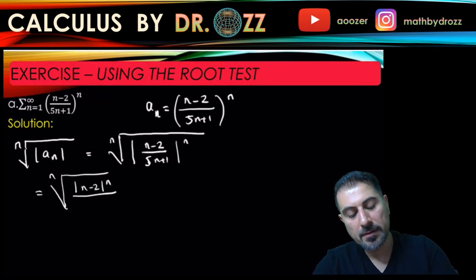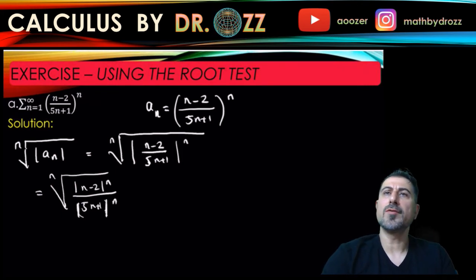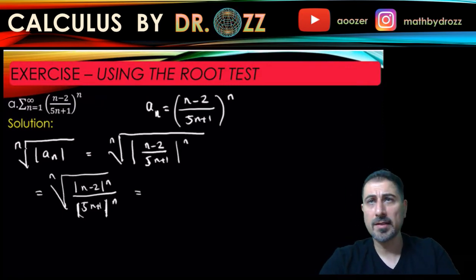And that is equal to the absolute value of n minus 2, raised to the power of n, over the absolute value of 5n plus 1, raised to the power of n. You can also do this in one shot, since the nth root of the nth power is just the absolute value. So let's just do it in one shot if you don't mind.